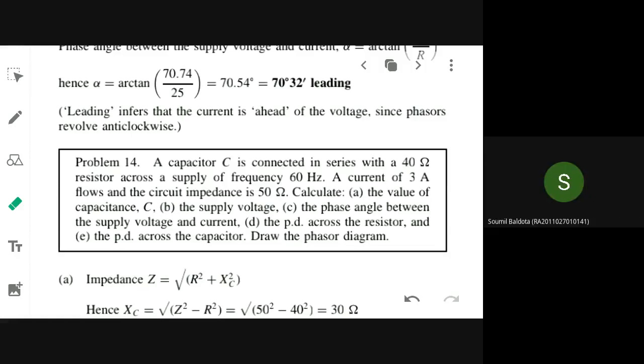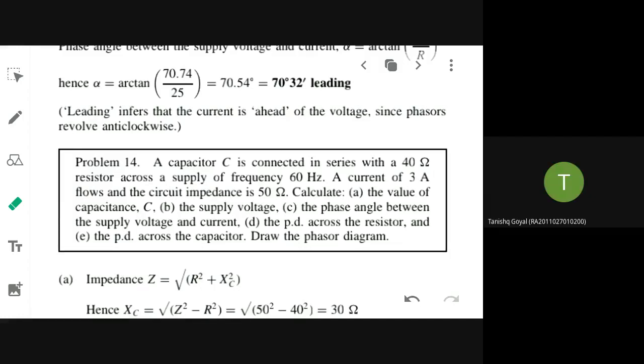Resistance R value, supply voltage, phase angle, potential difference across resistor, and potential difference across capacitor. R is equal to 40, frequency is equal to 60, impedance, and current value. Okay, with that given data, try to find out the unknown parameter. The value of the capacitance they have not given, so how will you solve for it?